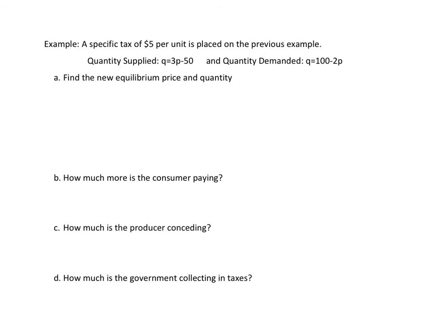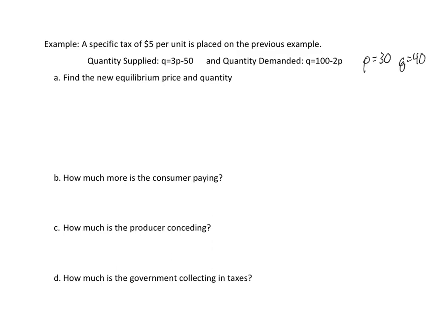All right, so using that example, let's say a specific tax of $5 is put in place. And remember here, we previously had equilibrium price of 30 and equilibrium quantity of 40. So let's see what happens to those two numbers if we put a specific $5 tax into this example.